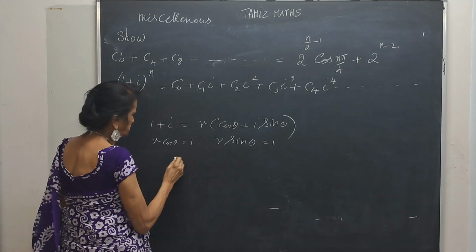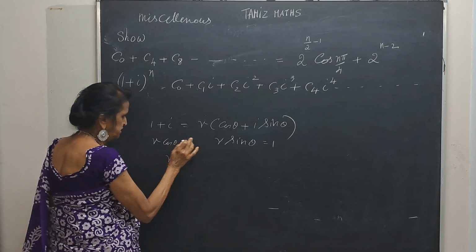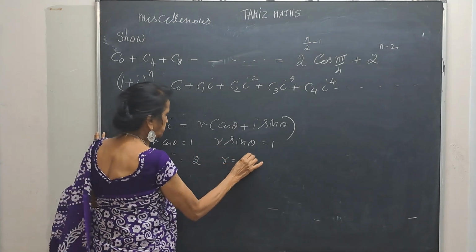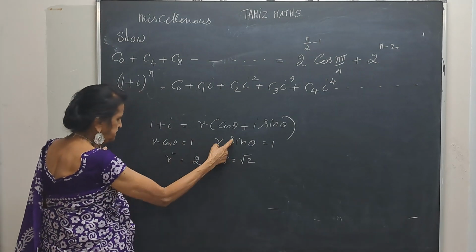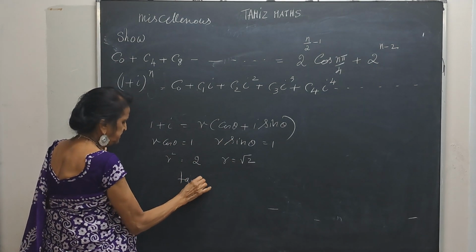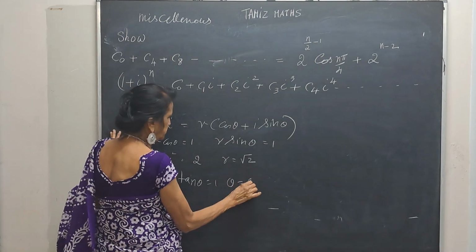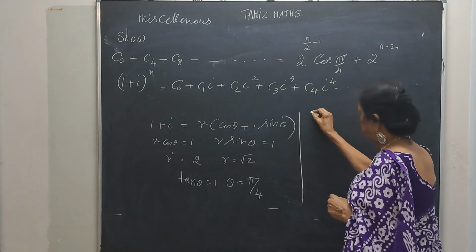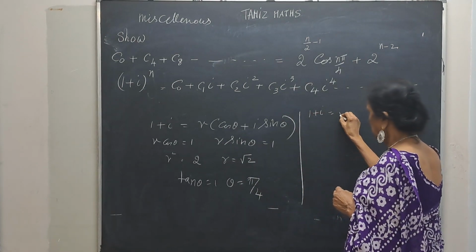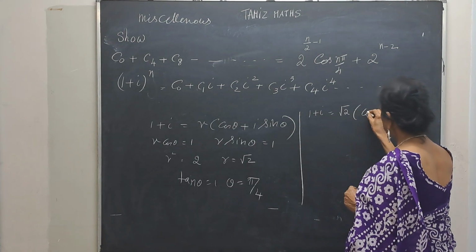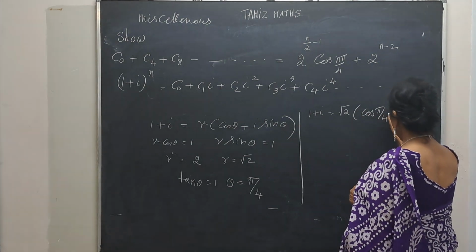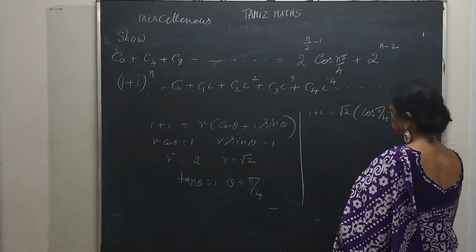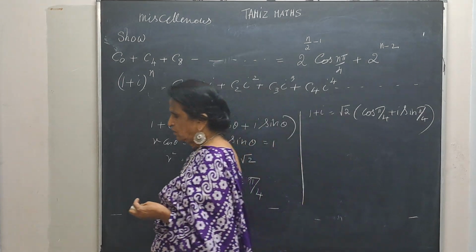Square and add both. r square, cos square theta plus sin square theta, that will be 1, so r will be root 2. Divide one by the other. Tan theta is 1, so theta is pi by 4. So we will have 1 plus i is equal to root 2 into cos of pi by 4 plus i sin pi by 4. Polar form of the complex number.